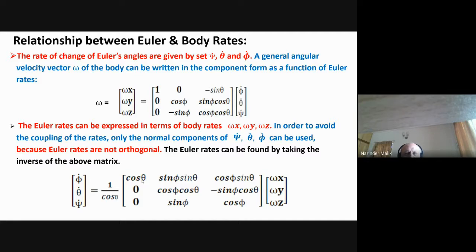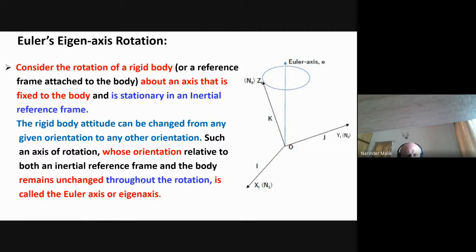Euler transformation poses a lot of difficulties. There is another unique way of expressing the rotation. That is called Euler's eigenaxis rotation. Say this is our reference axis. To start with, our body is also coinciding with this axis.